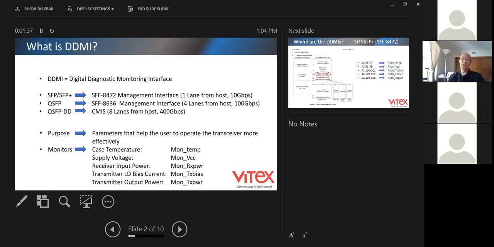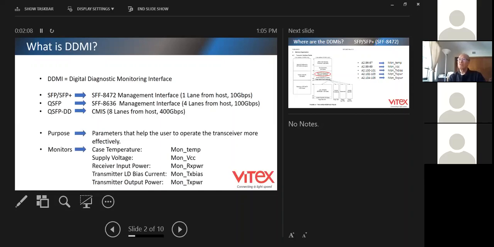I will explain later on what to look for. Basically, you can see the second group of bullets, and it groups into 3 different standards. The first one is called SFF 8472. It involves the SFP and SFP plus, which operate at 10G.